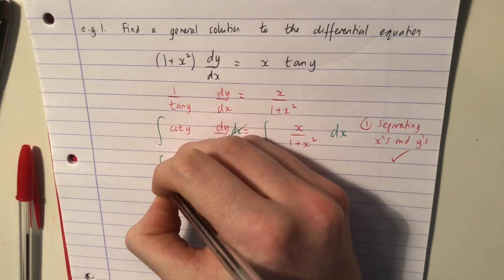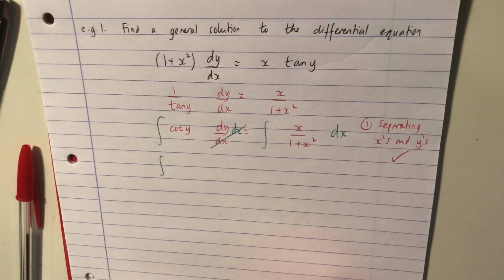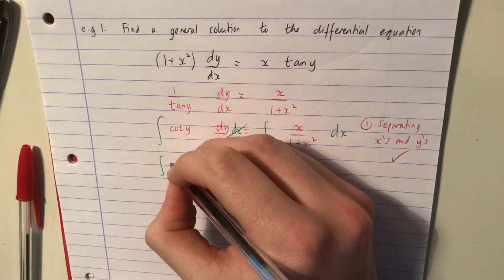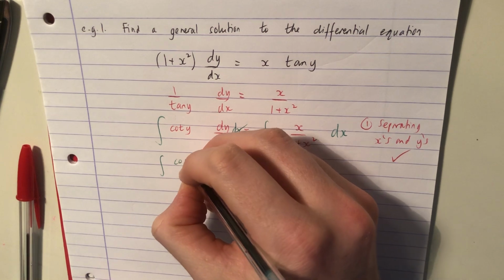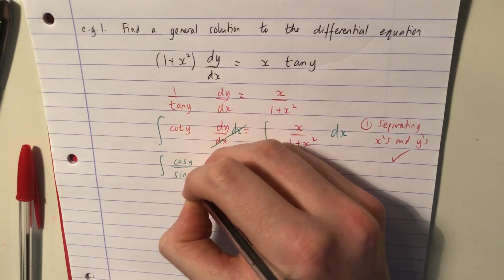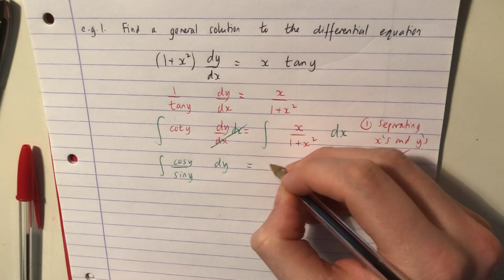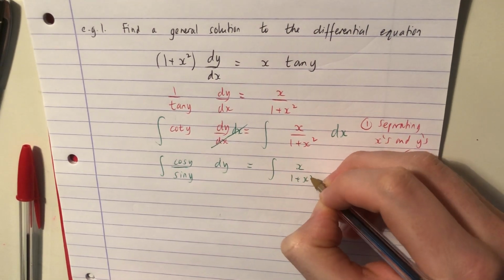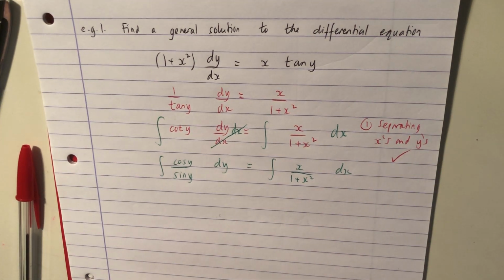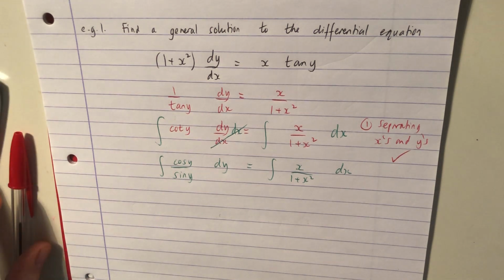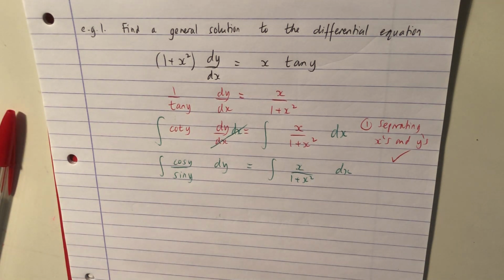Pretty sure cot y integrated is in the formula booklet, but if it wasn't, this is the following way you'd have to do it. You'd have to remind yourself that this is integrating, cot is actually cos over sine dy, and leave that as it is for now, dx. Now in the previous bit, we talked about integration techniques and we summarized everything that we had done before, from standard integrations you should know all the way up to integration by parts and partial fractions and everything.